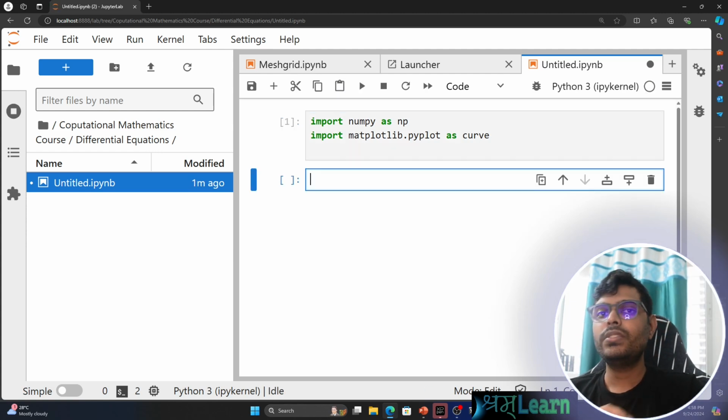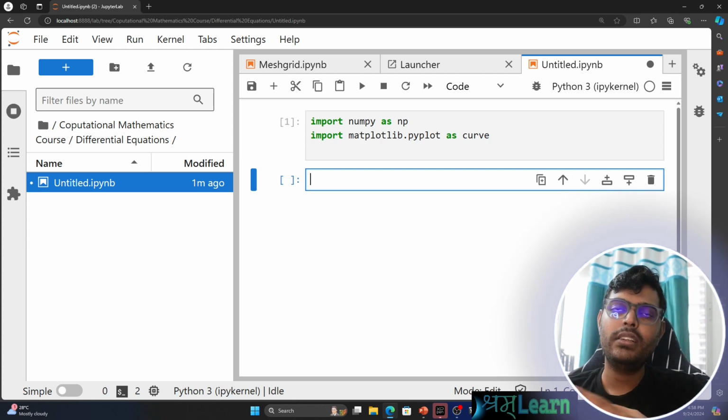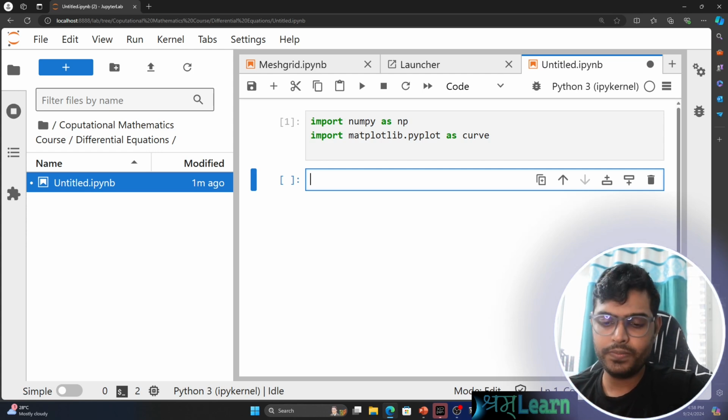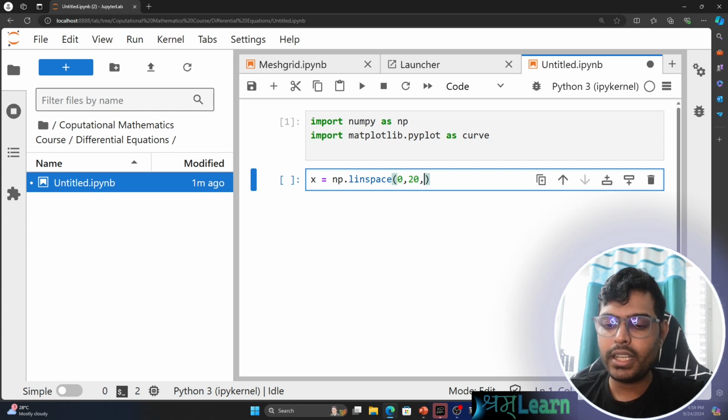Now we have to decide what our x bound and y bound are. I want the solution of the differential equation starting from 0. So small x is equal to np.linspace 0 comma 20, and I want to compute for 50 points.